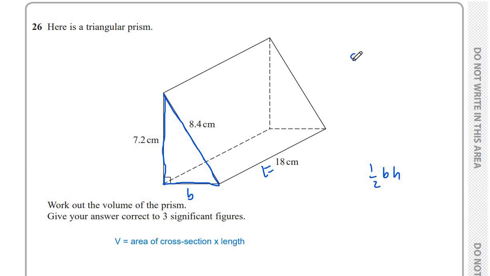So 8.4 is the hypotenuse, so the hypotenuse square is going to be 7.2 square plus b square.